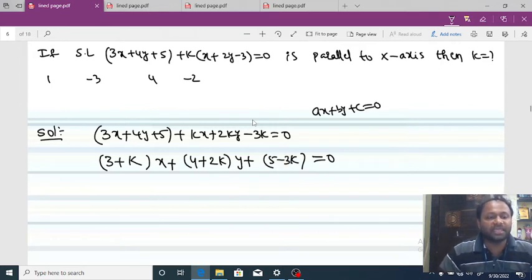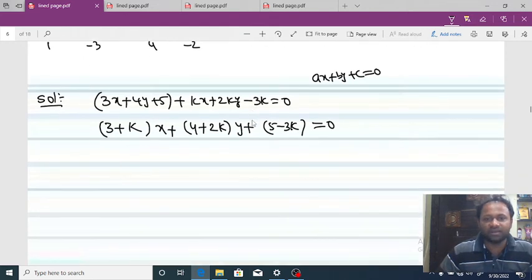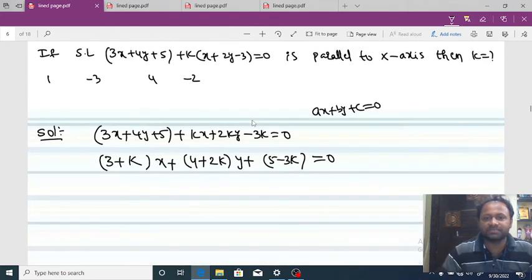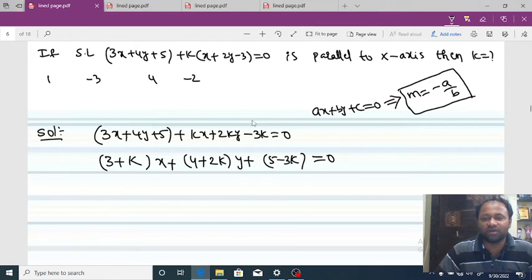Okay, but in this one concept is there. Whenever the line ax plus by plus c is equal to 0 is given, we can write the slope directly as m is equal to minus a by b. In earlier classes, I told you slope has three formulas. One is m is equal to tan theta.